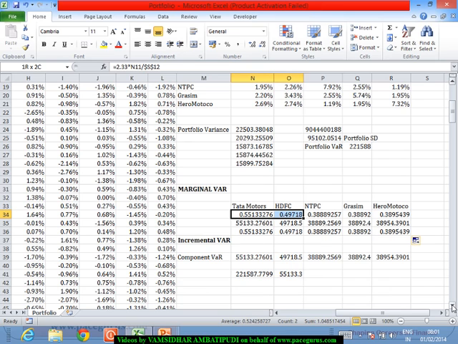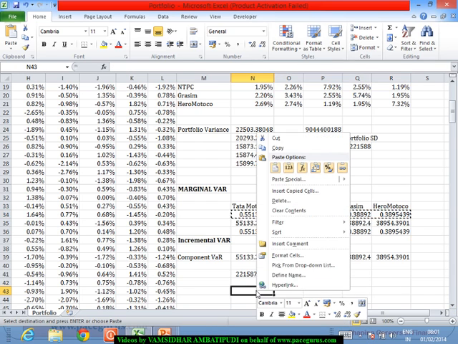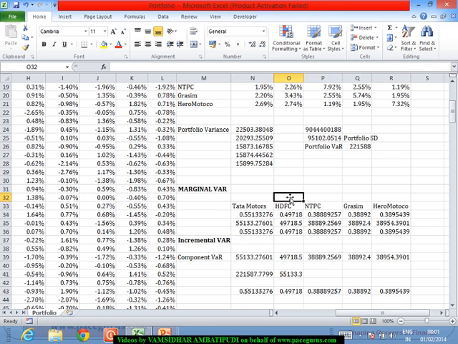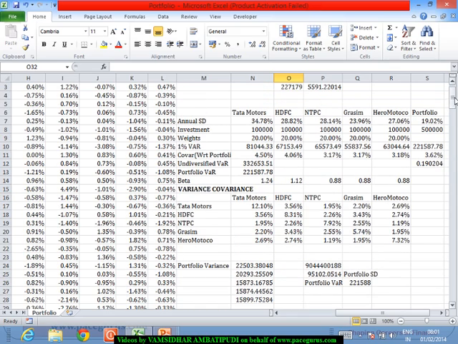So let me copy these numbers somewhere here. Now what we are saying is, it's better that we allocate, let's say, 10,000 lesser from here and increase the 10,000 here.